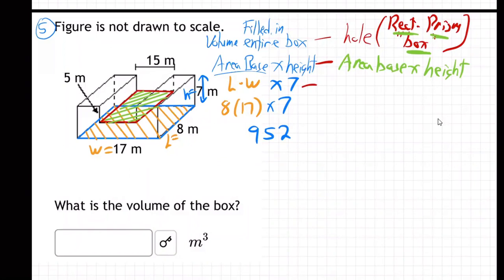So the width of the base is right here. It's the 15, isn't it? That's from there to there is 15. What's the length? Well, it's the same as the length was before. That hasn't changed. The length there is 8, isn't it? It's that 8. So that rectangle is 15 by 8.